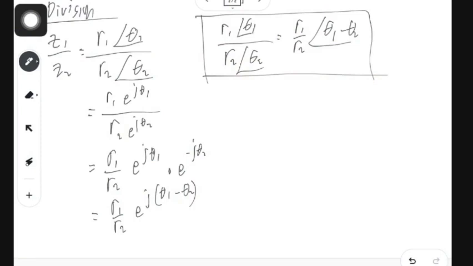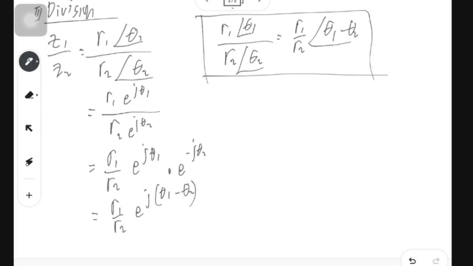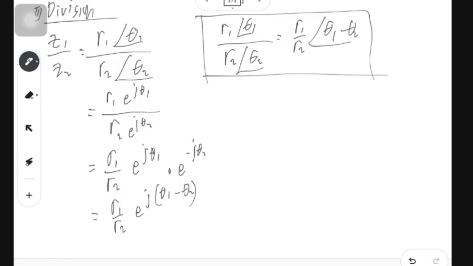So, if we're going to make a conclusion, no? In adding or subtracting complex quantity, it should be in rectangular form for convenience. No? While in multiplying or dividing complex quantity, it will be more convenient to have this in polar form.